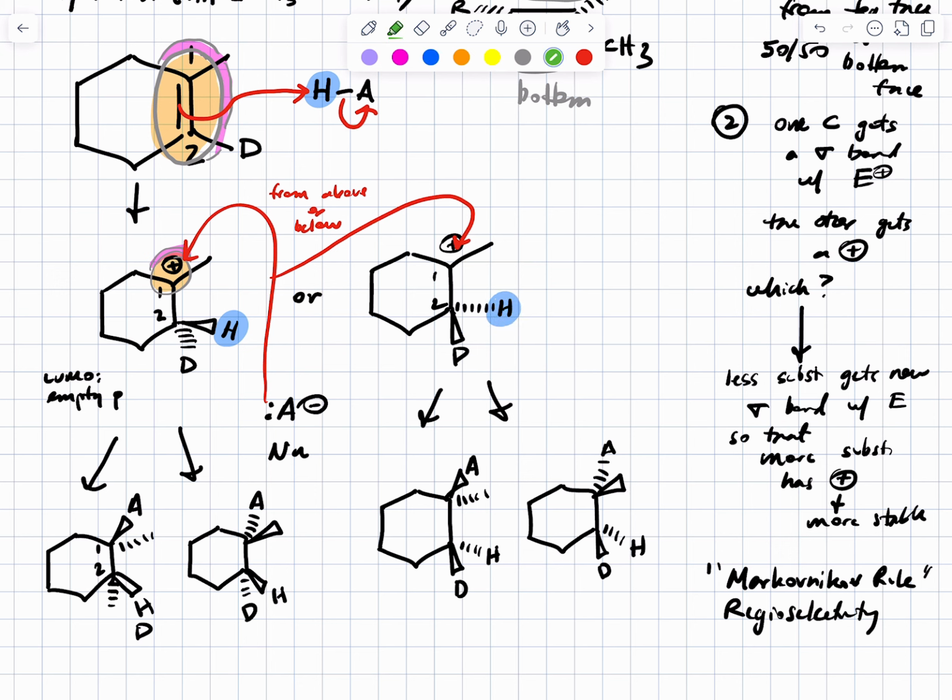And in the second step, we'll use purple, because purple is what we use for nucleophiles. In the second step, the conjugate base of my acid acts as the nucleophile, and it adds to the positive charge from either above or below.